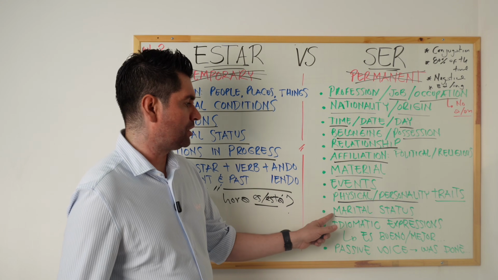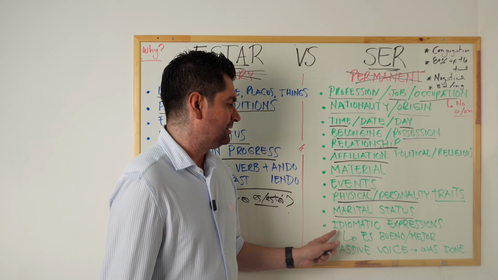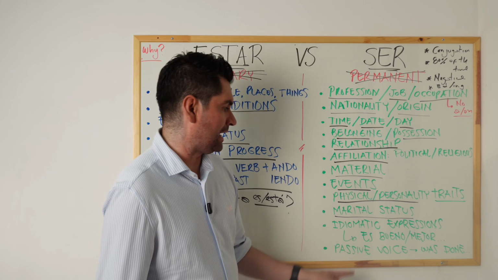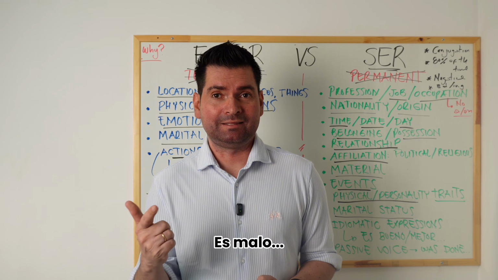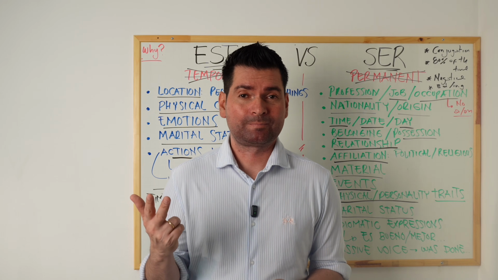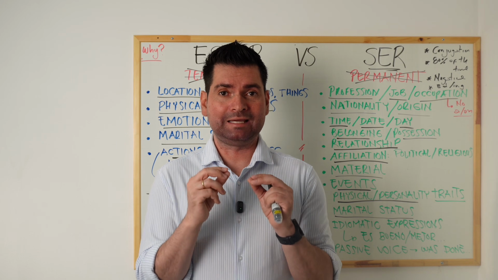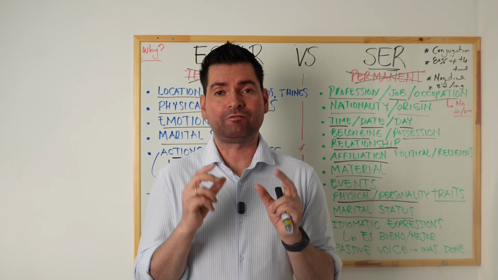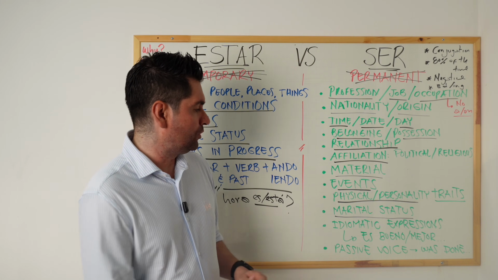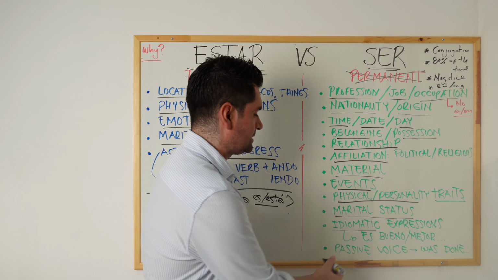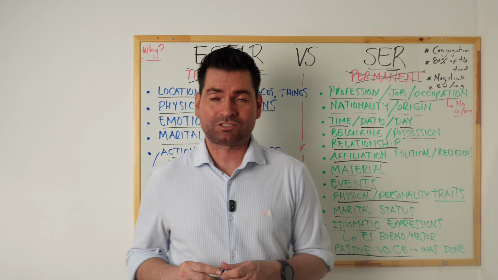Marital status, we already saw it. It could be ser or estar. And then there are some idiomatic expressions like es bueno, it's good. Es malo, it's bad. It's better, es mejor. It's worse, es peor. These are idiomatic expressions, so you just need to learn them and repeat them. And then the last one that I included here, after idiomatic expressions, is the passive voice. This is a more advanced topic.